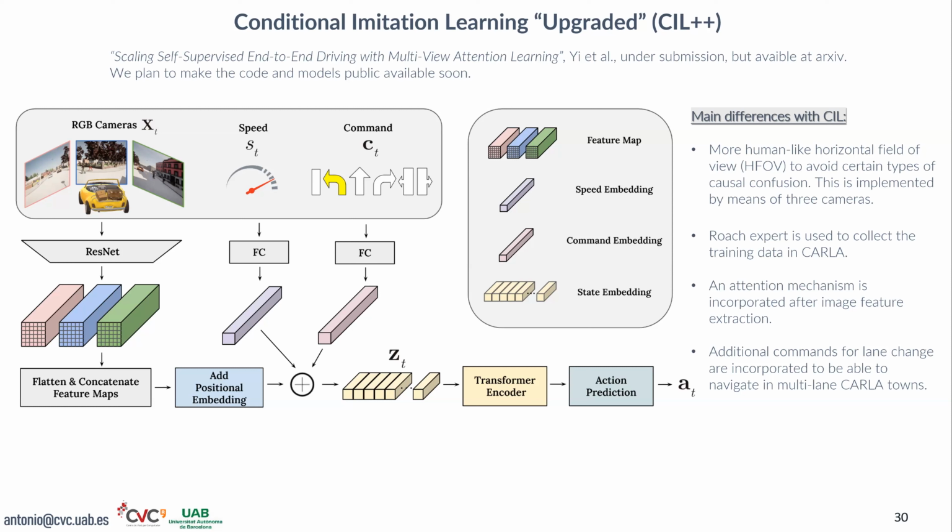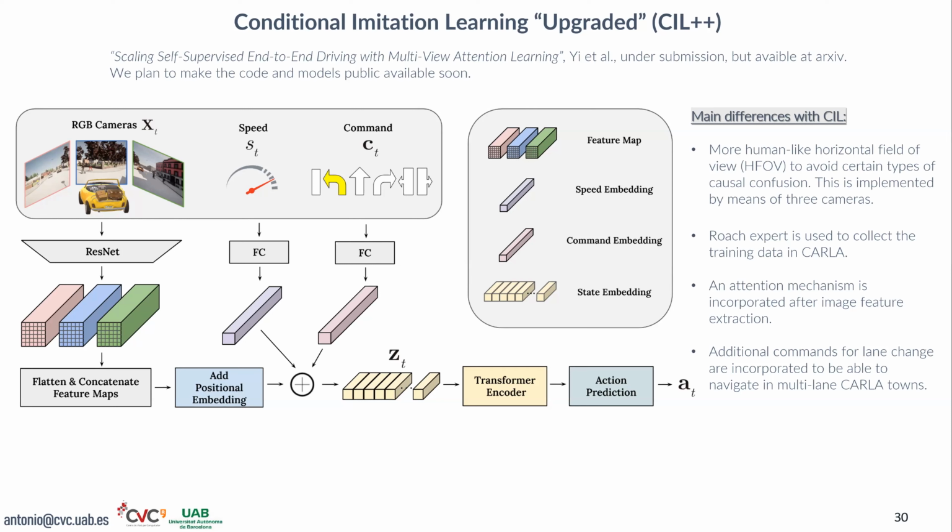This avoids some types of causal confusion, because sometimes if your field of view is very narrow, the car is stopping because there is a red traffic sign, but you don't see it in the image. So there is no way that the system understands that, because this is a frame by frame model. So we are not processing several frames at the same time. We are not using any temporal coherence. So this was one thing.